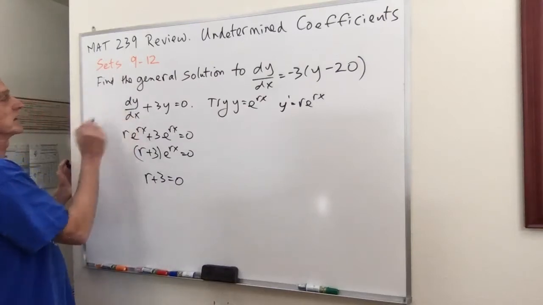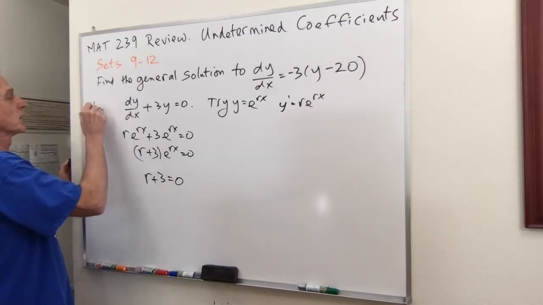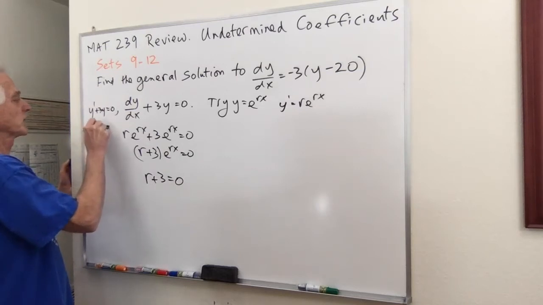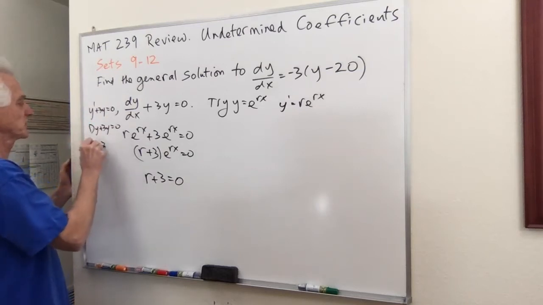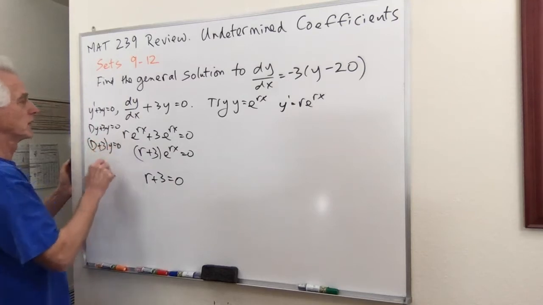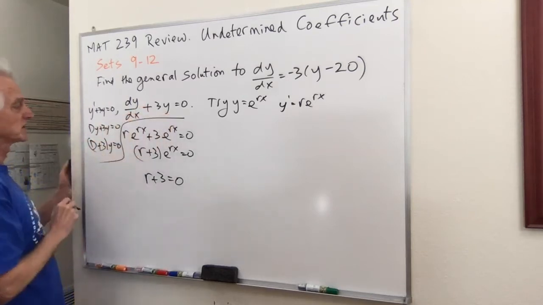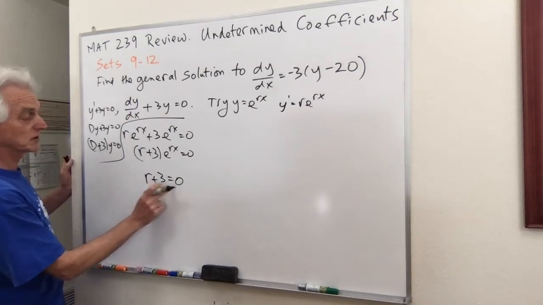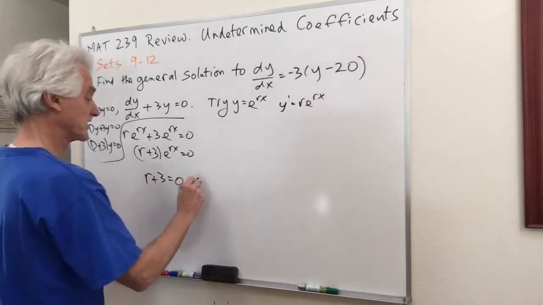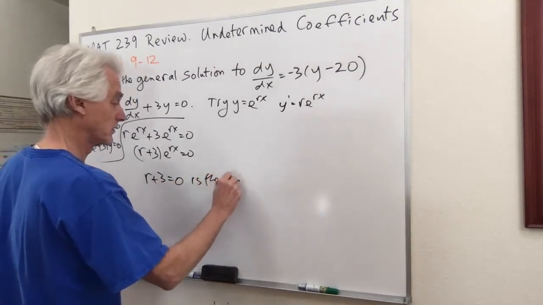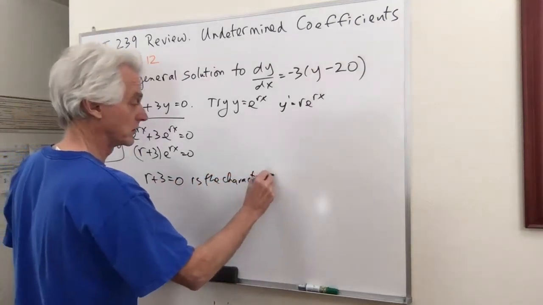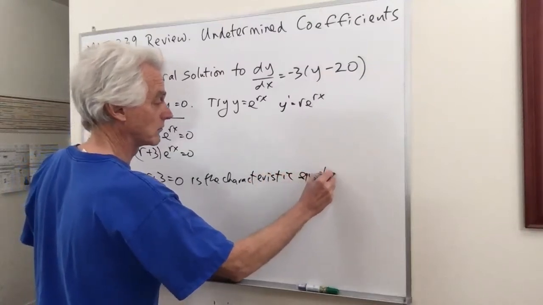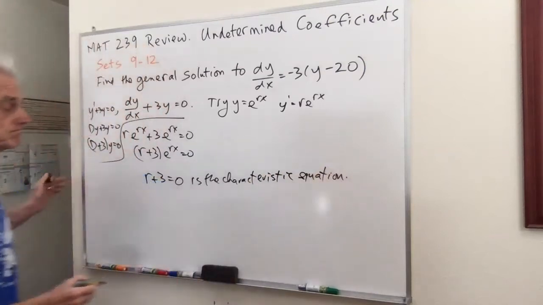This is often written as y prime plus 3y equals 0, or maybe Dy plus 3y equals 0, or maybe even D plus 3 applied to y equals 0. Those are all the same equation, and each one of them gives you r plus 3 equals 0 as the characteristic equation for the ODE.